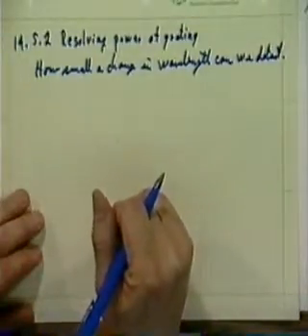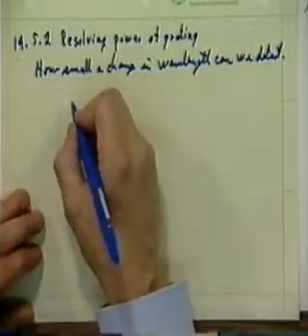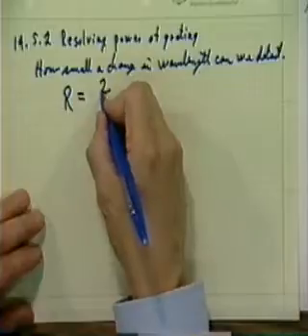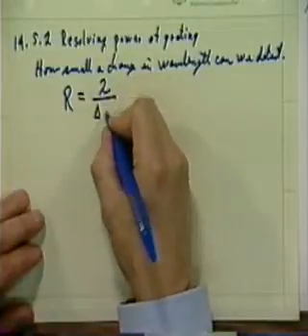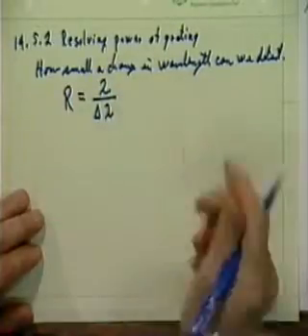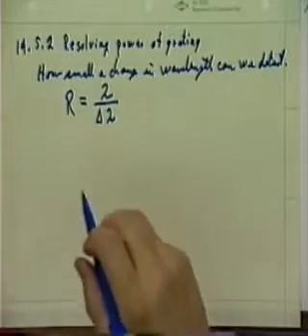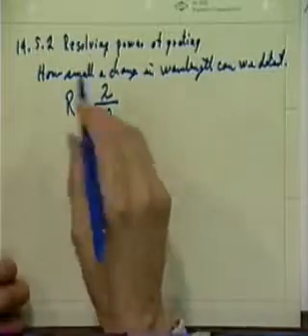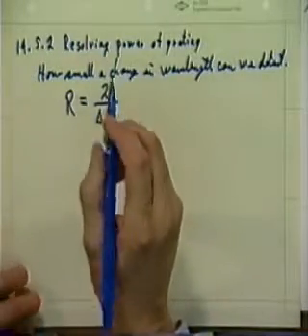And we're going to define something called resolving power, called capital R, which is going to be defined as a wavelength divided by the smallest change in wavelength I can detect, or delta lambda. We have to pick some criterion for saying we can resolve different wavelengths.